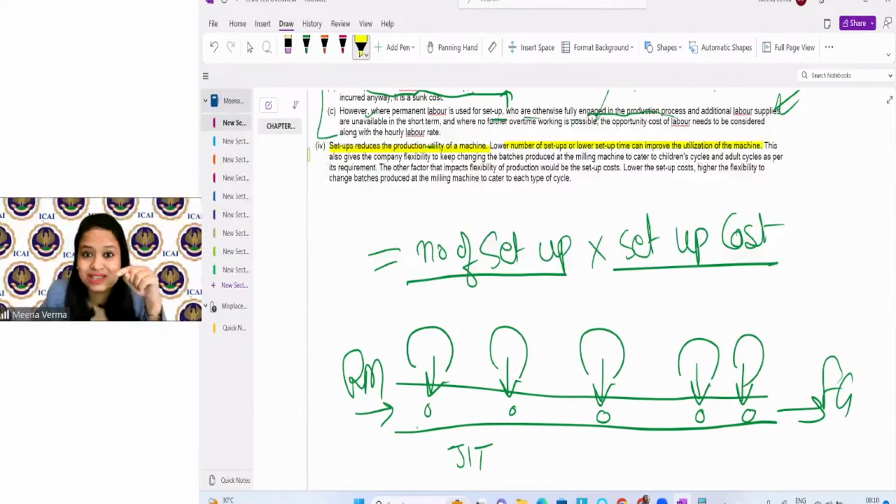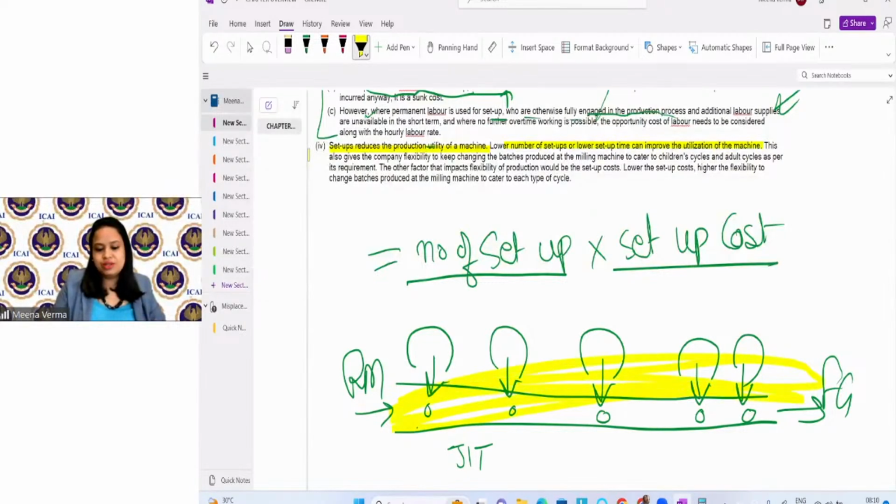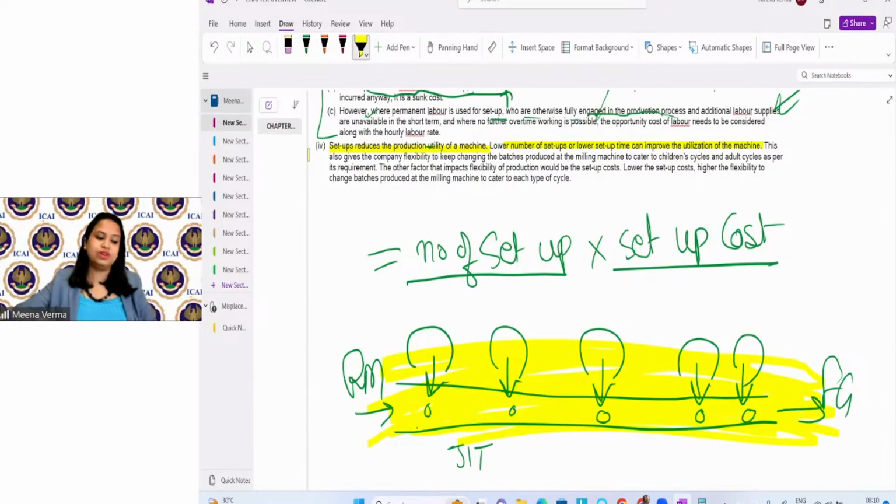Now look at what is written here. If the setup is less, you are using the machine in a better way. But when there is no setup, like here, this is the best use of machine. Just-in-time system, cellular manufacturing, is the best use of machine because no setup is required. We never stop the machines, and the machinists keep on producing the goods one by one.